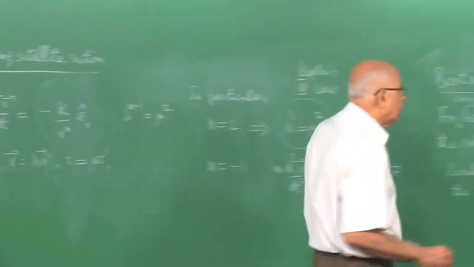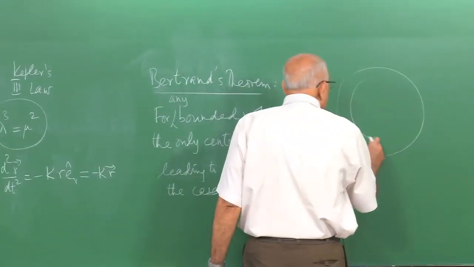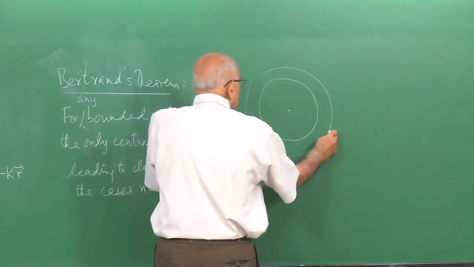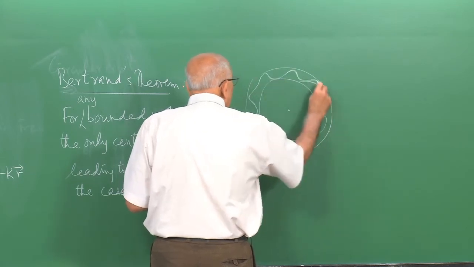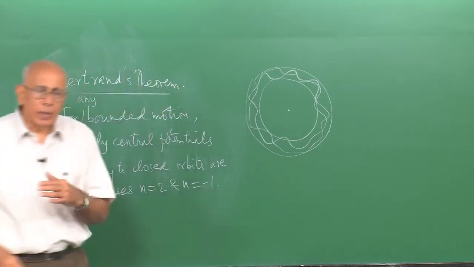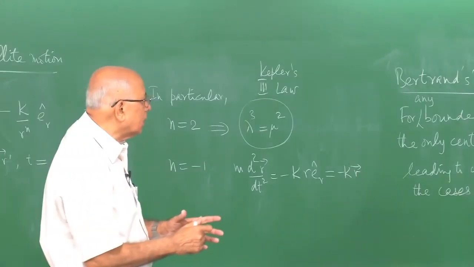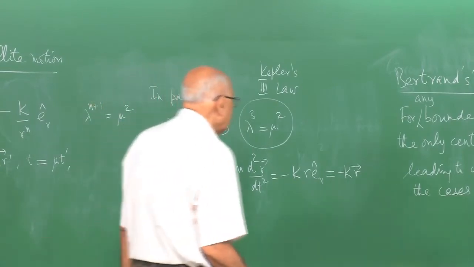For instance, you might have bounded motion in some of these forces for different values of n, which look like this. So there's a minimum distance r minimum and a maximum distance r max, and the particle does motion like this in some complicated curve which may go in and out, never leaving this annular region, but it does not close on itself, not a periodic orbit.